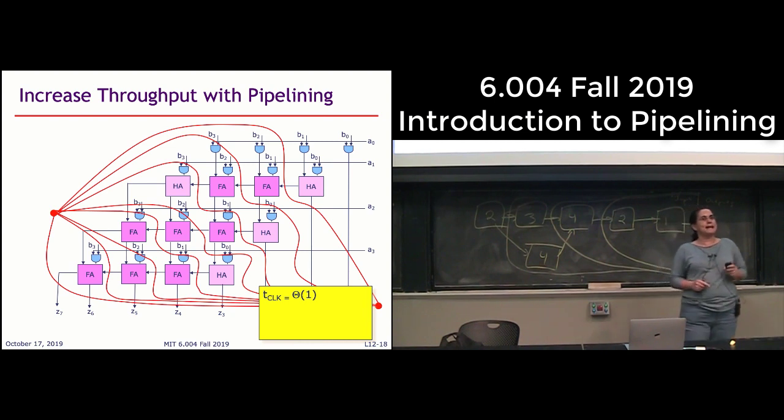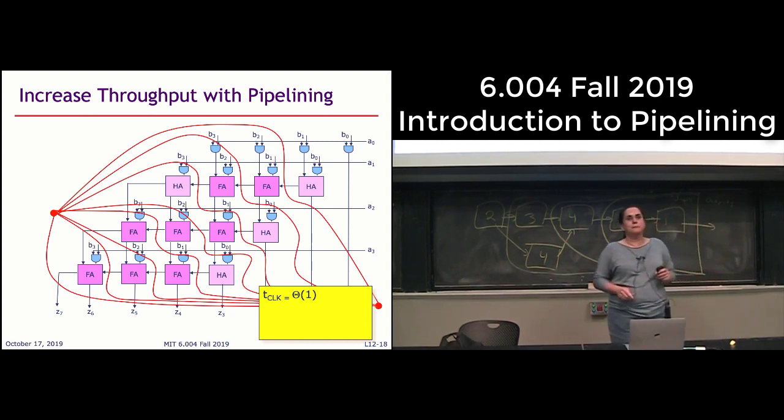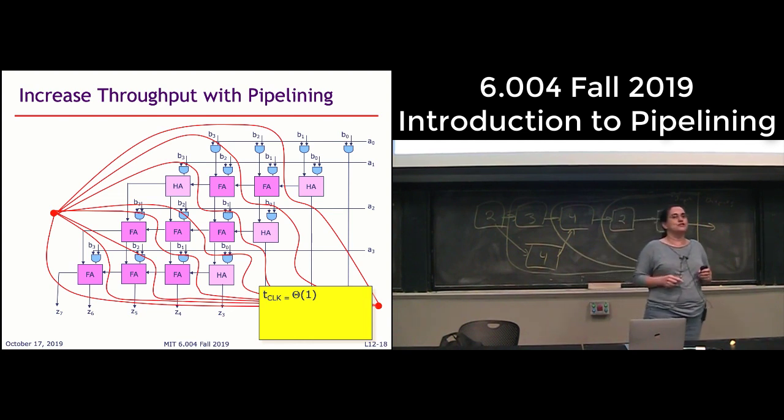So now, let's analyze the performance of this circuit. What's my clock period now in relationship to n? If my full adder is 1 time unit, can I clock this at 1 nanosecond, or is it somehow proportional to n?